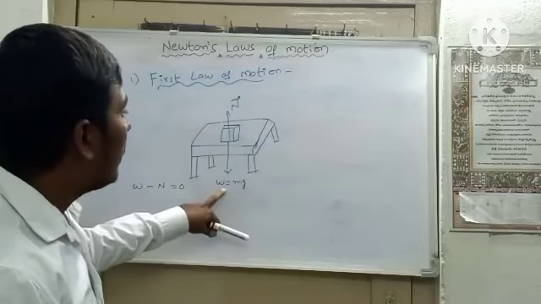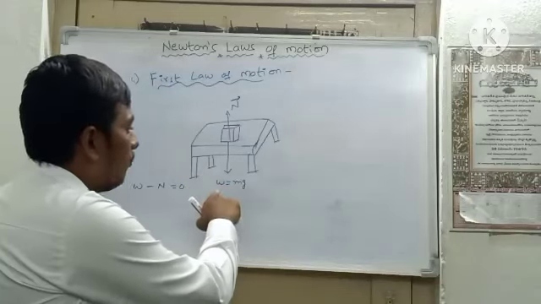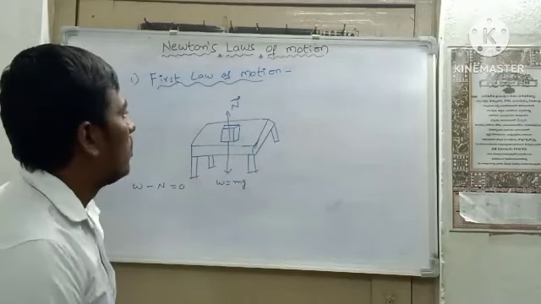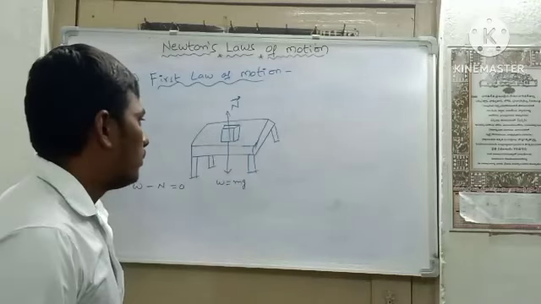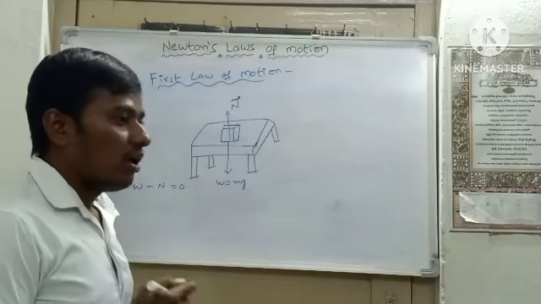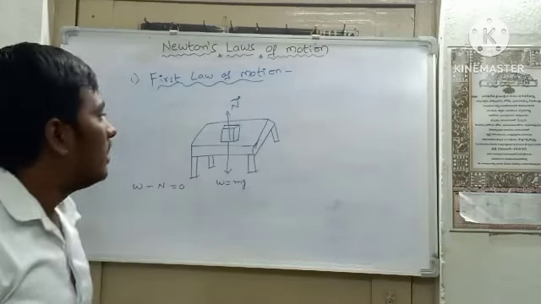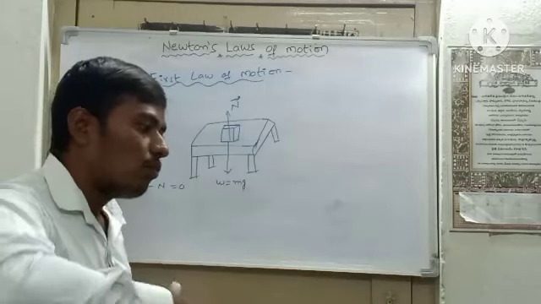But if we measure accurately, weight is not equal to contact force. What will happen? Here we are observing with respect to ground. Ground means earth is not an inertial frame, meaning earth is moving.